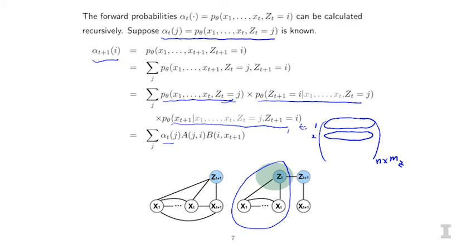Then we can sequentially continue. We fill in the entries in the table when t is equal to 3, where we have to use information from the second row, all the way until we fill in the last row of this alpha table. So we are done with all the forward probability calculation.